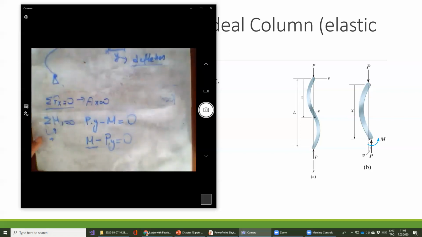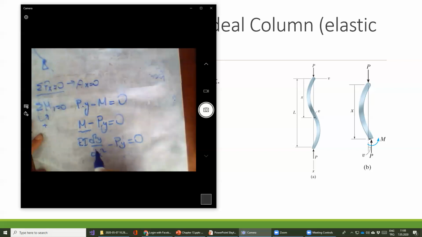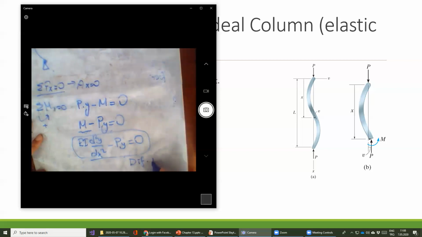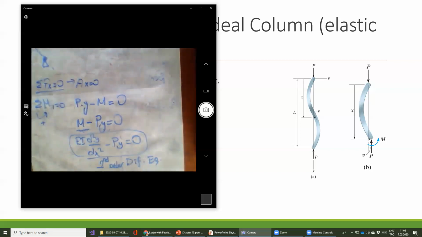You already know the relationship between the moment and the deflection. Maybe you remember that: EI d square y over dx square minus Py is equal to 0. This is a second order differential equation. How can we solve it?